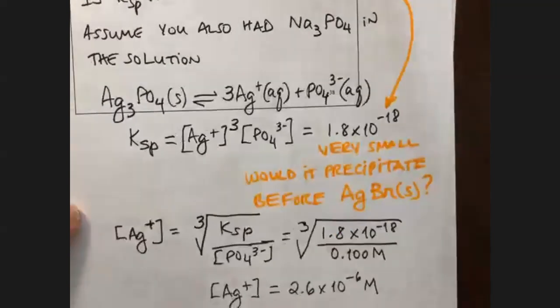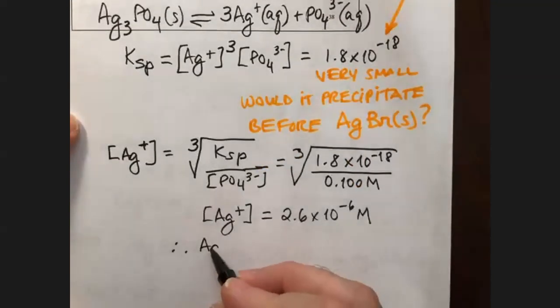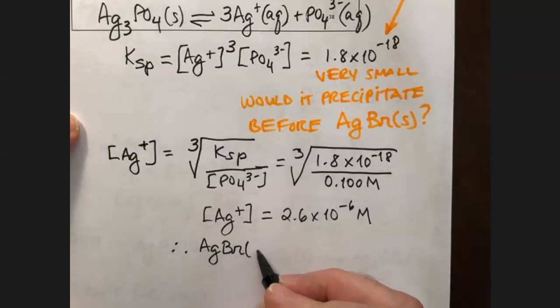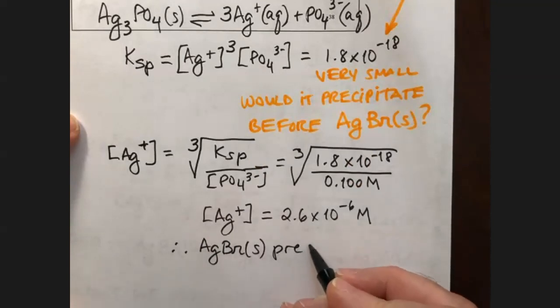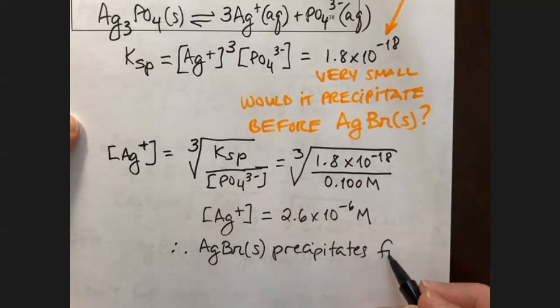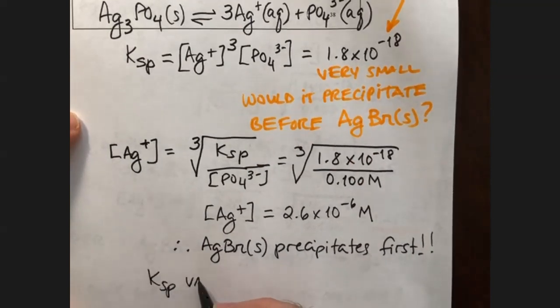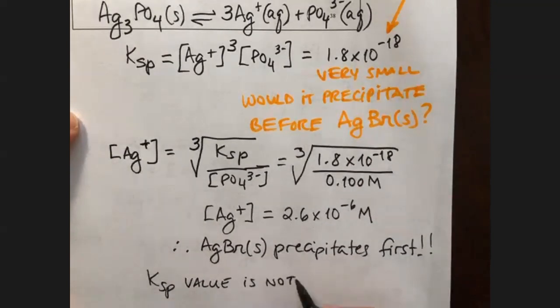Therefore, silver bromide precipitates first. And therefore, the KSP value is not enough.